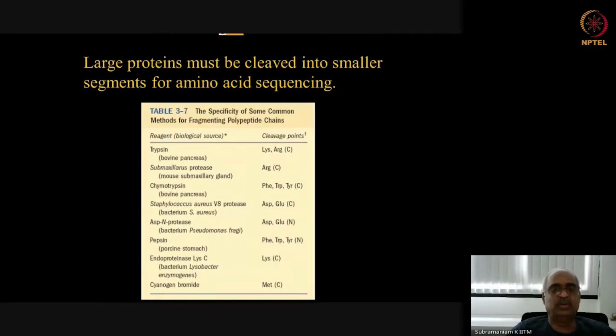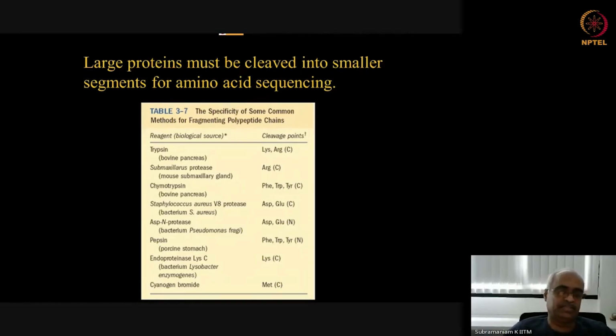So incomplete products will accumulate, and eventually as the cycle number increases, the quantity of incomplete products, the background noise in the detection, will overwhelm the actual signal. So you won't be able to sequence beyond a certain number of cycles.